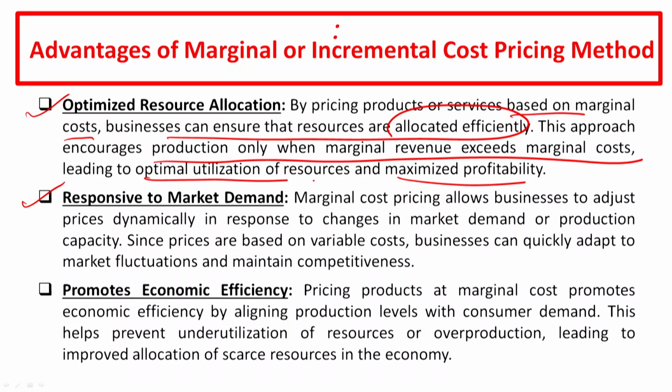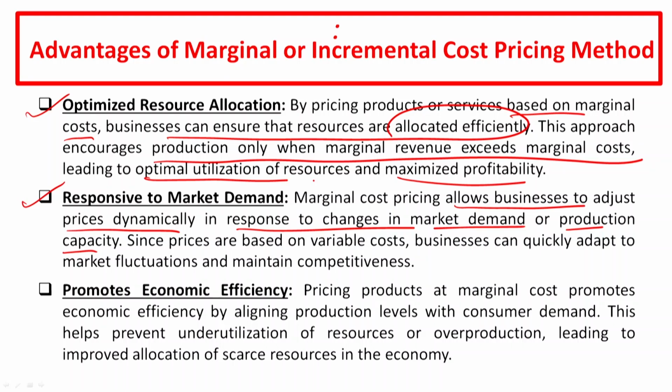Marginal cost pricing allows businesses to adjust prices dynamically in response to change in the market demand or production capacity. So, this is one of the biggest advantages of this method, that according to the market demand the prices can be changed here.